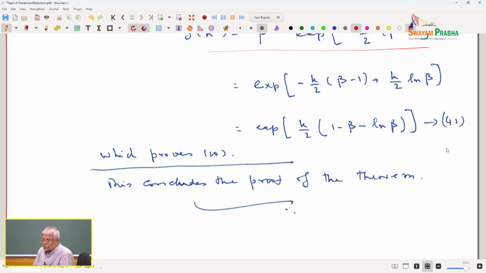I would consider this an elementary proof for dimension reduction, to get a lower bound on the number k, which is the required dimension to achieve the near isometry.